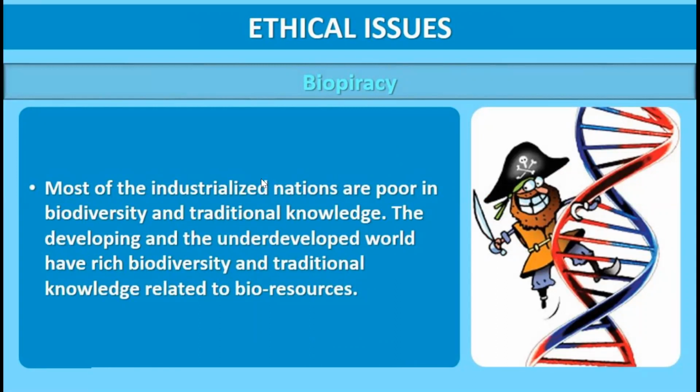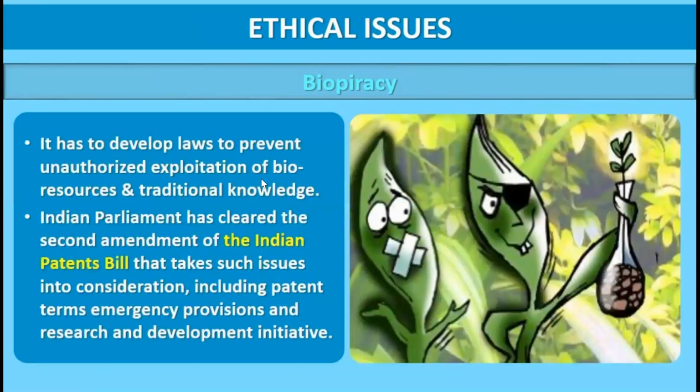Most of the industrialized nations are poor in biodiversity and traditional knowledge. The developing and the underdeveloped world have rich biodiversity and traditional knowledge related to bioresources. So one has to be acknowledged with the biodiversity, how rich the country is in terms of biodiversity, and should have the knowledge related to its use.